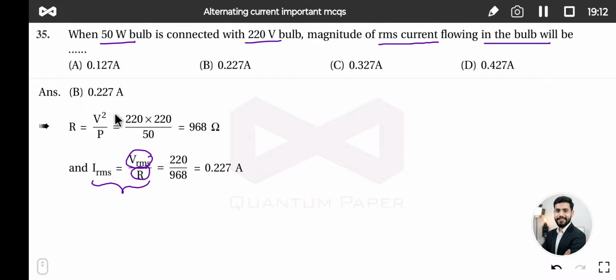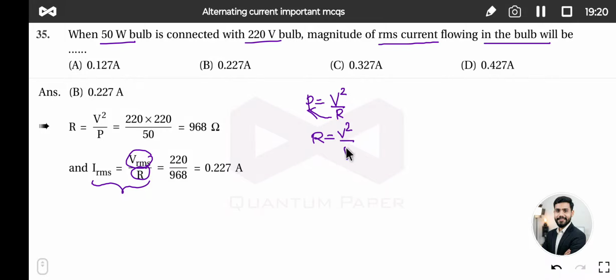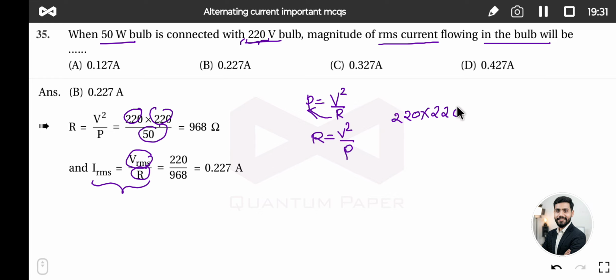The formula P is equal to V square upon R. So R is equal to V square upon P. V is given to be 220, so 220 multiplied by 220 upon power 50. If we cancel out 220 into 220 upon 50, 0 and 0 will get cancelled. So if we multiply and divide by 5, we'll get 968 ohm.